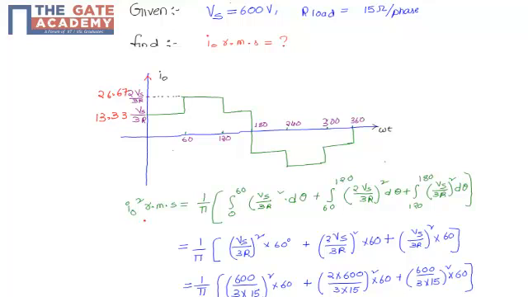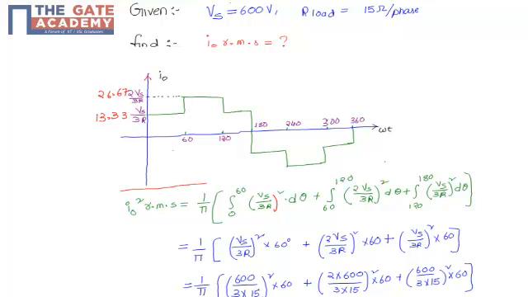The formula is 1 by pi times the integration from 0 to 60 degrees of (Vs by 3R) square d theta, plus the conduction mode from 60 to 120 degrees of (2 into Vs by 3R) square d theta, then from 120 to 180 degrees, the value of I is Vs by 3R, so (Vs by 3R) square d theta.